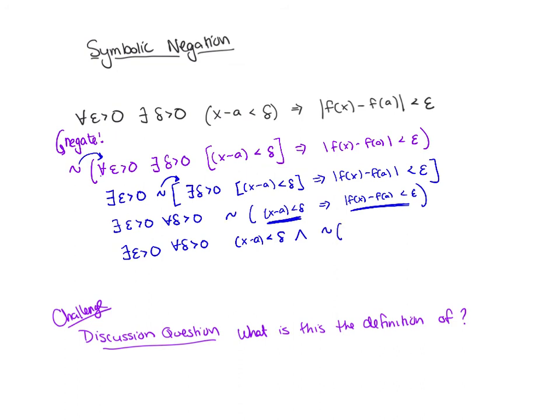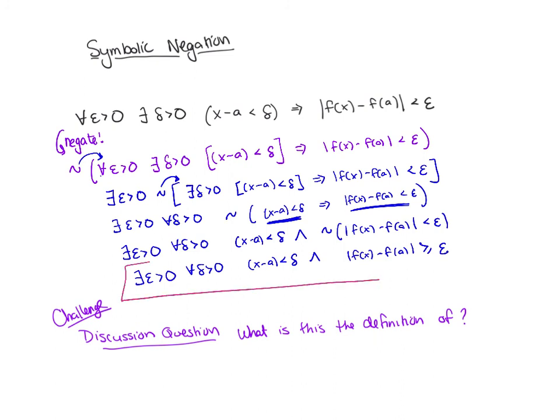So not: the absolute value of f of x minus f of a is less than epsilon. So what does it mean that this is not less than epsilon? It means that x minus a is less than delta, and this quantity, if it's not less than epsilon, then it must be greater than or equal to epsilon. So finally, this is the negation of that statement.